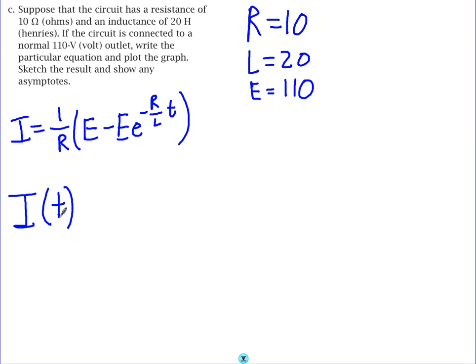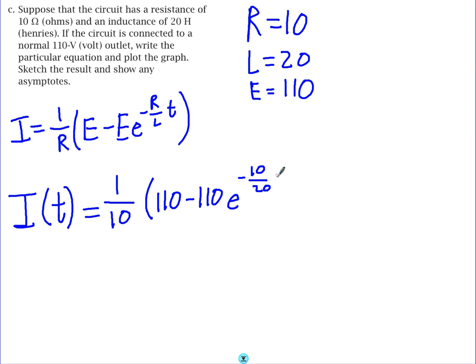I of t equals 1 over r, which is 10, you know r is 10, times e to the 110, minus e to the 110, times e to the negative r, which is 10, over L, which is 20, t.